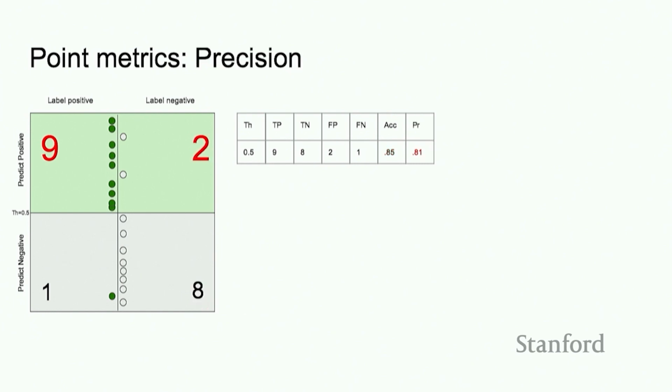Now there is another very important metric called precision. In our day-to-day language, we might use accuracy and precision interchangeably, but in a statistical or machine learning setting, the two have very different meanings. Accuracy is what fraction of all the examples we got right, whether they were positives or negatives, doesn't matter.